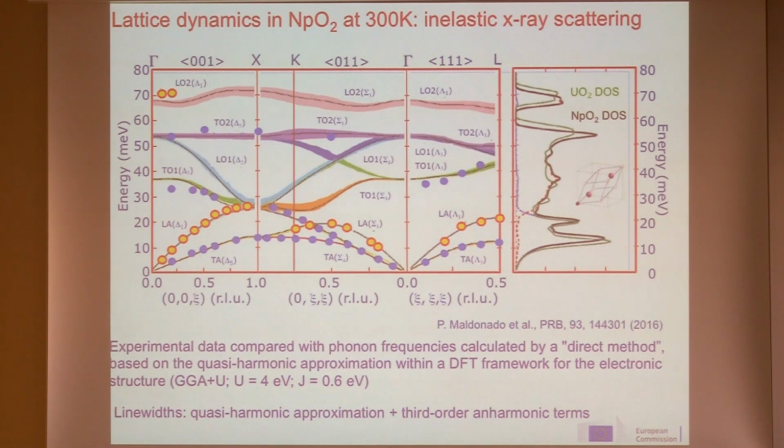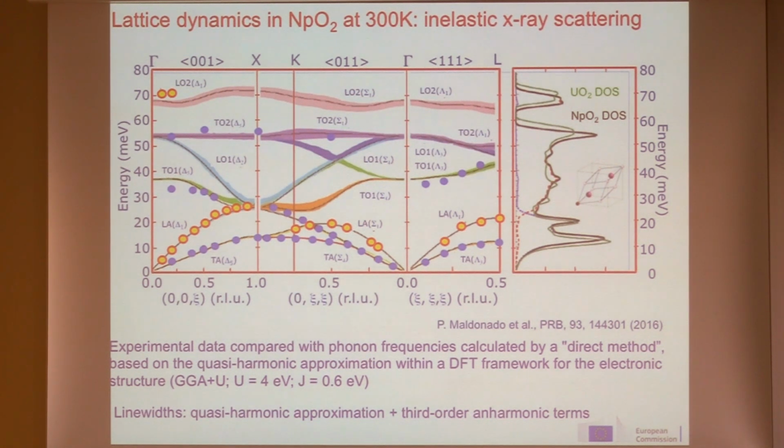Here they are compared with the computational results obtained by Peter Oppeneer and Pablo Maldonado using a GGA plus U framework for the electronic structure and the quasi-harmonic approximation. They also calculated the line width of the phonons, which are represented here by these dashed bands.